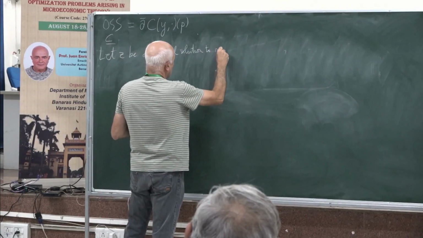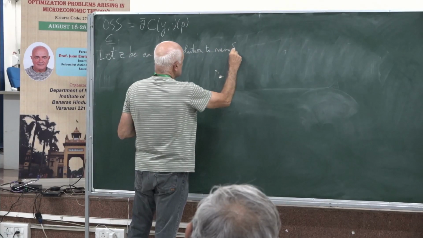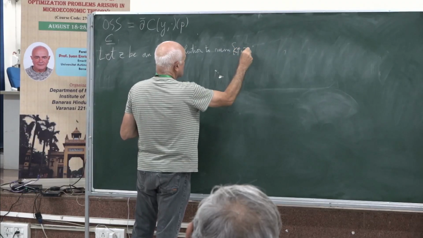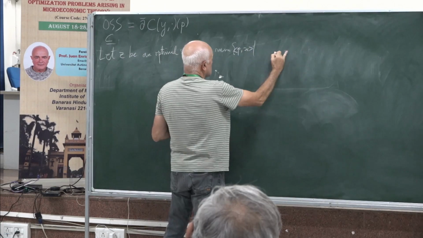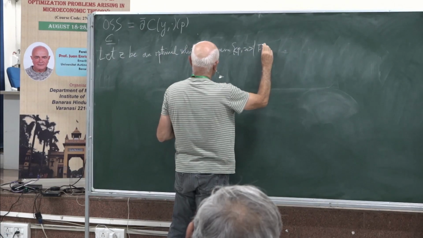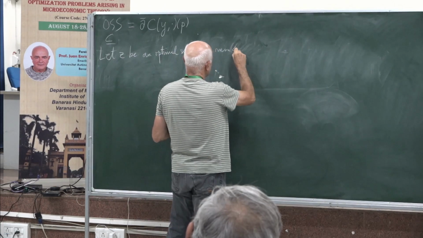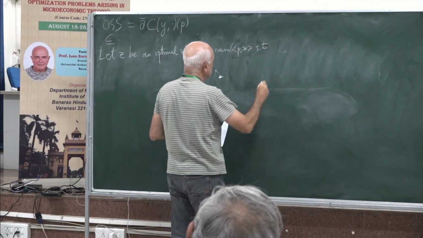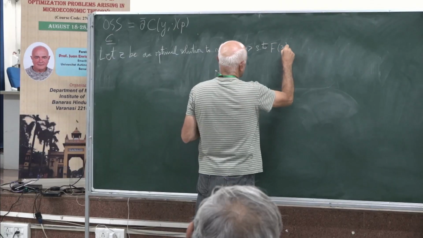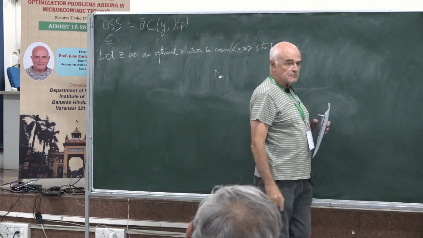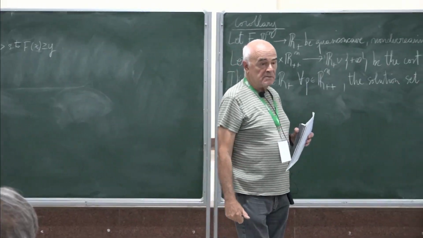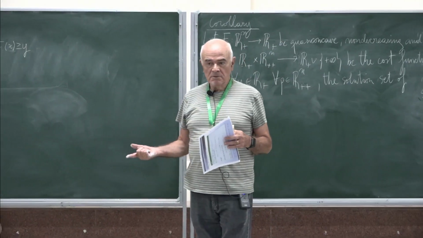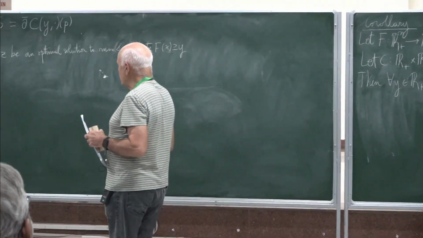to the problem min px subject to f of x less than or equal to y. What does this mean? It means two things. First, z is feasible, so it satisfies the constraint.